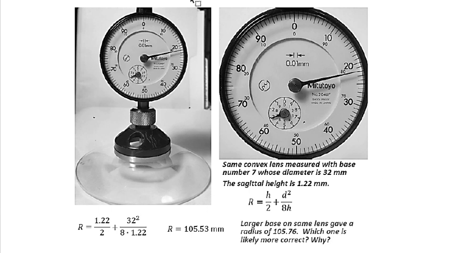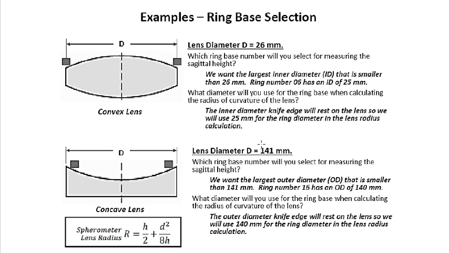And let me go back. Okay, so what I did right here is I put the equation for you, yeah? So you don't go into confusion when you look at it. I'm just asking you what is this diameter, yeah? The spherometer lens radius, and this is your radius of curvature, okay?